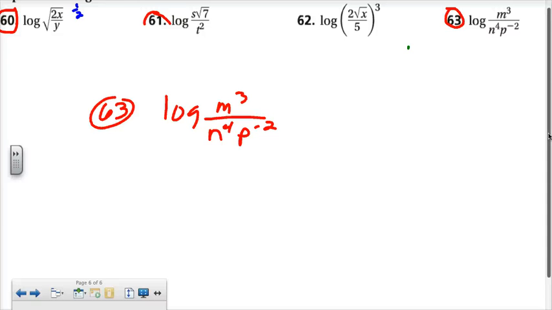What we have is, we have division, which of course is going to be subtraction, and then we have multiplication, which is addition, but we have two terms down there in the bottom. So we're going to need to separate that division first by using subtraction and parentheses.